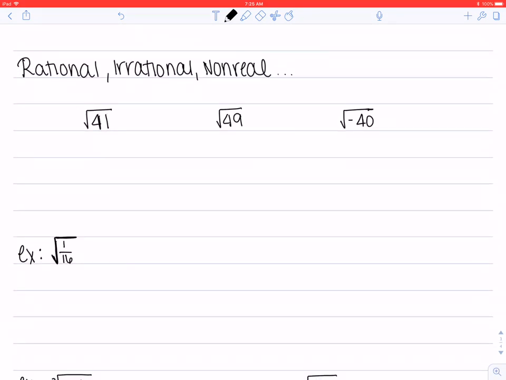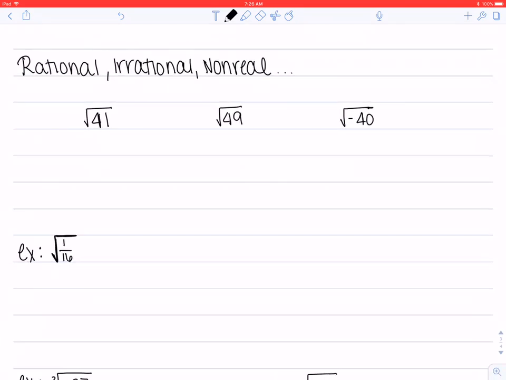Alright, so our first example is going to be sorting rational, irrational, and non-real. Rational means it can be written as a fraction. You may want to make a note somewhere that rational numbers are anything that can be written as a fraction.